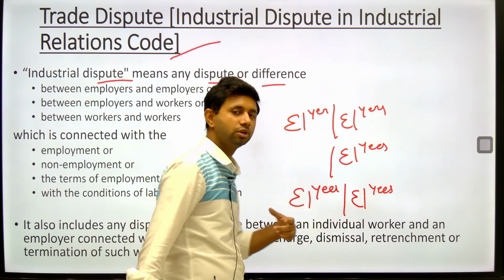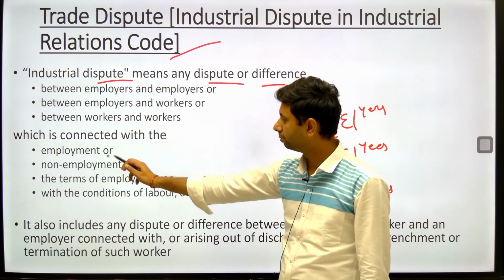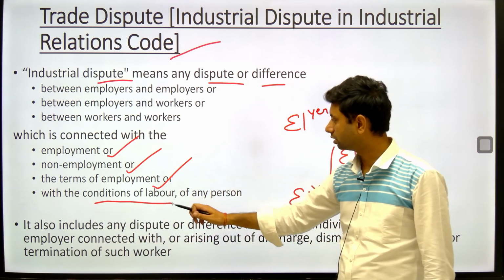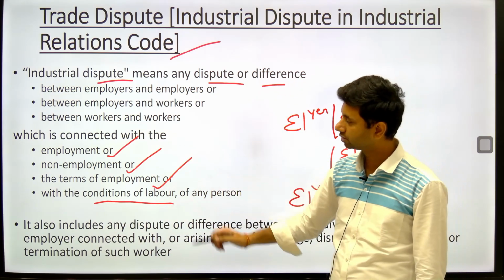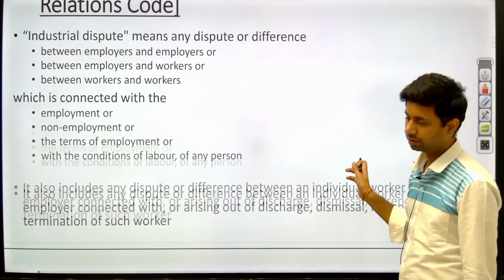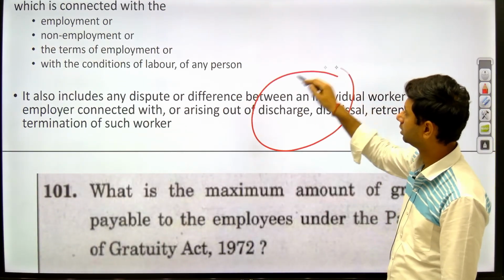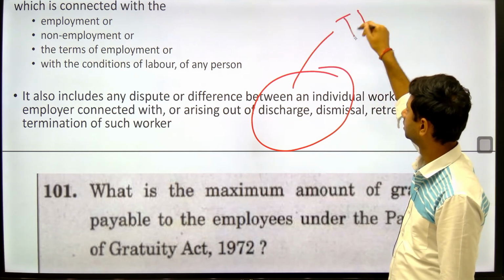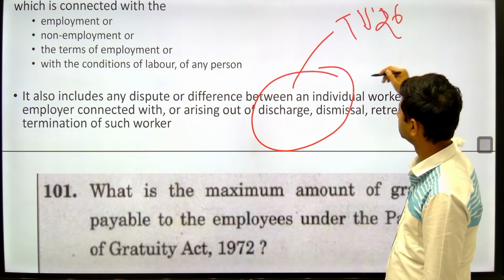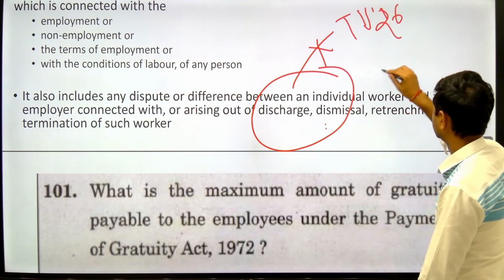So this act covers every type of dispute that can arise in an industrial setting, which is connected with employment, non-employment, terms of employment, and also conditions of labor. So these 4 conditions have been covered under the definition of industrial disputes. And this provision was not present under the Trade Unions Act 1926. So this has been added under the Industrial Relations Code.